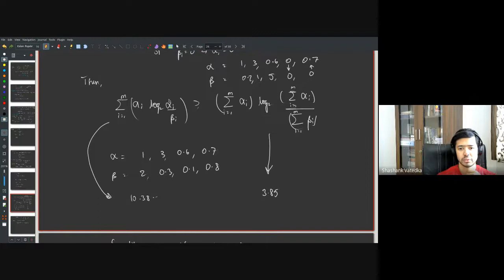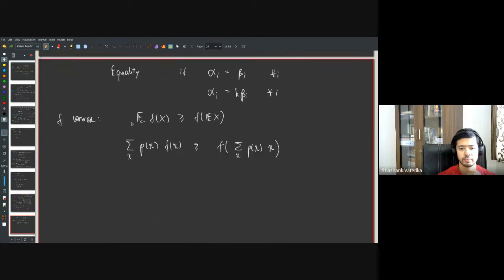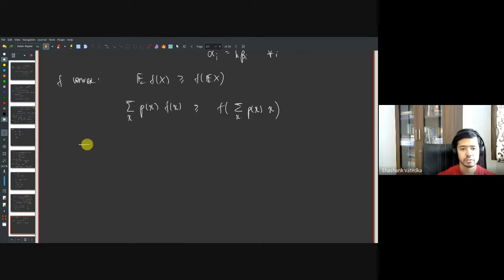Now let's start with the left hand side, which is summation I equal to 1 to m alpha I log alpha I by beta I. Let's assume that all the alpha i's and all the beta i's are strictly positive.